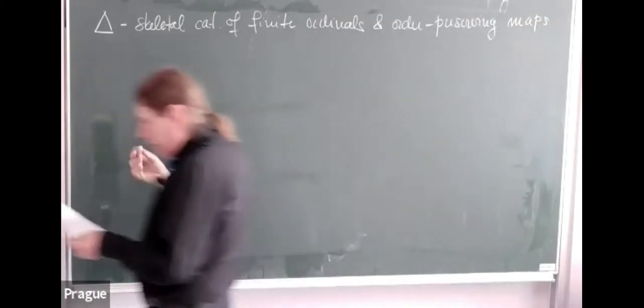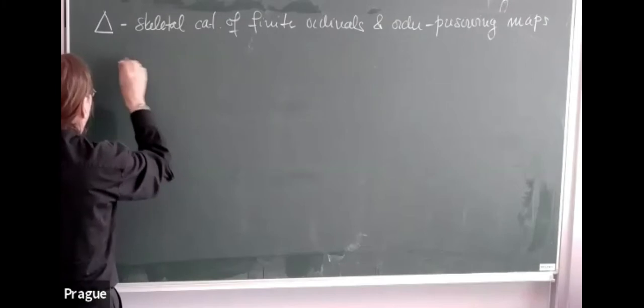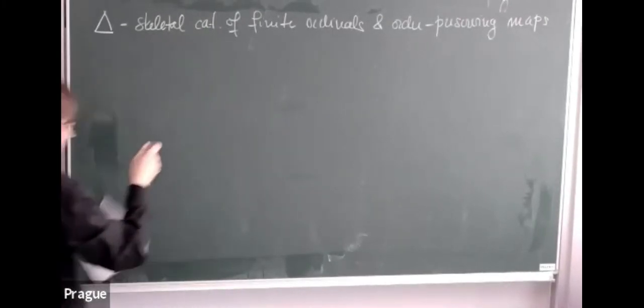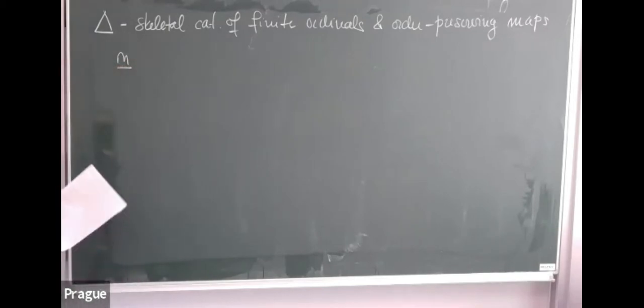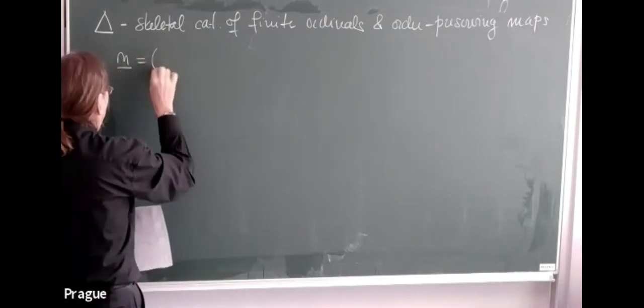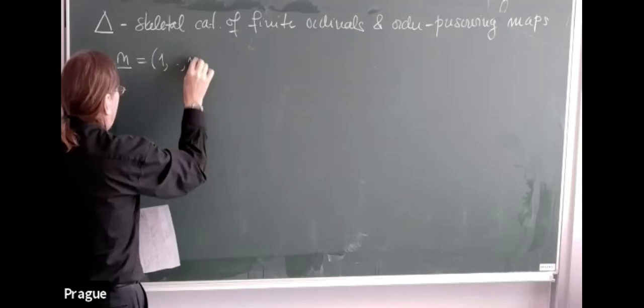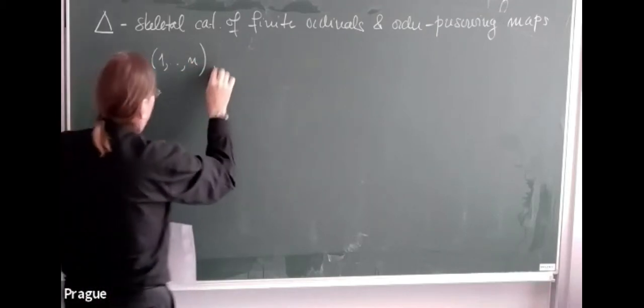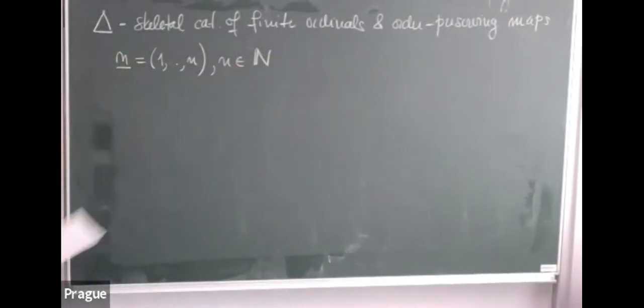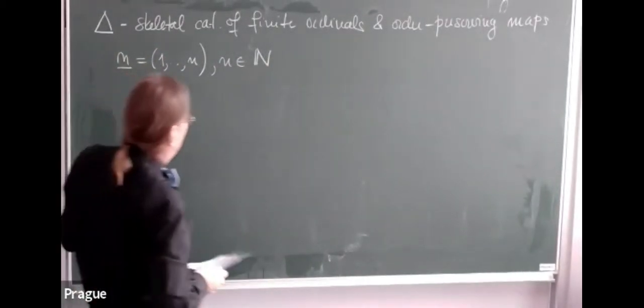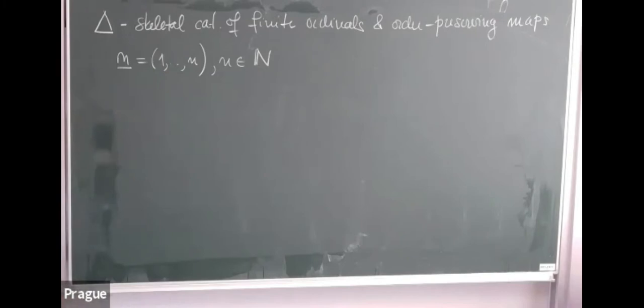For me, I choose a special choice of representative isomorphism classes, namely something which I denote by n online, and this is the ordered set like this, n a natural number, and the maps are order preserving maps of these.